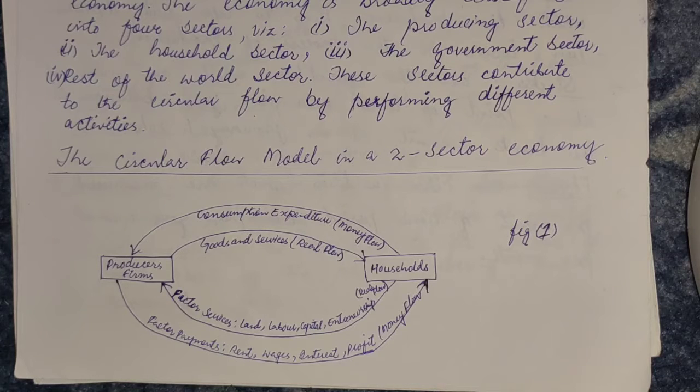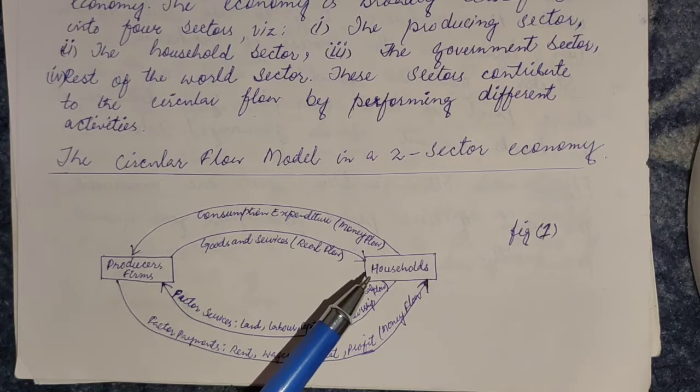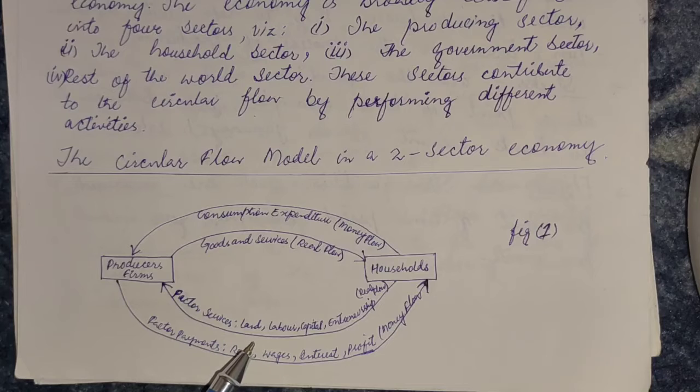Thus, while factor services flow from household to producers, as we know, while factor services flow from household to the producers, which are real flows, factor payments flow from the producers to the households, which are money flows.